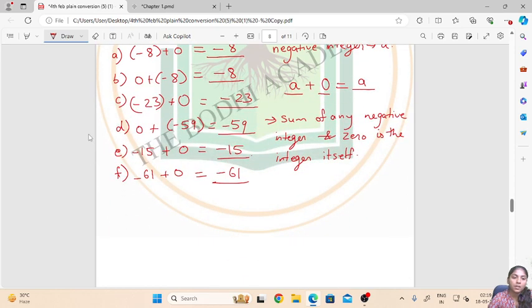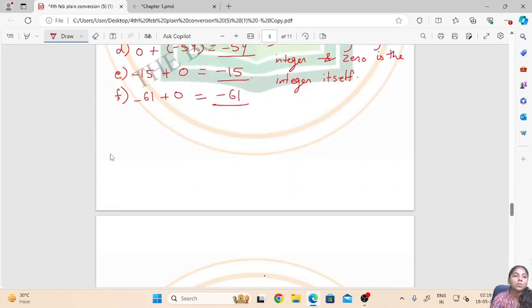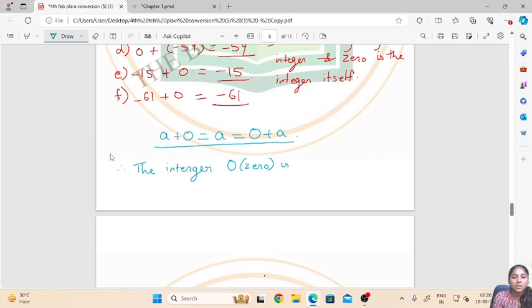So in the case of integers also, a plus 0 is equal to a, which is equal to 0 plus a. So we say that the integer 0 is the additive identity of integers.